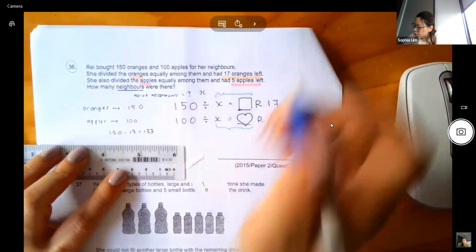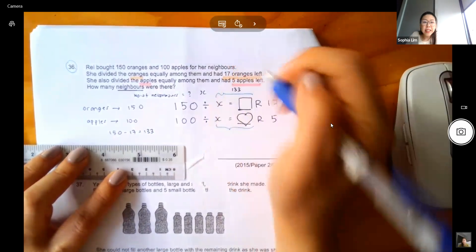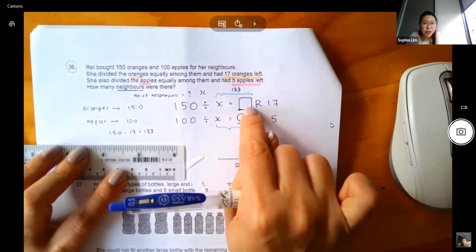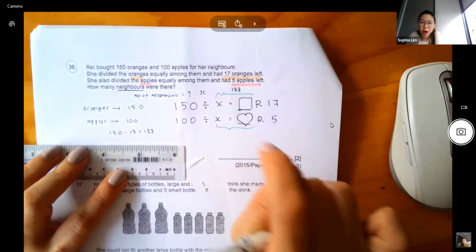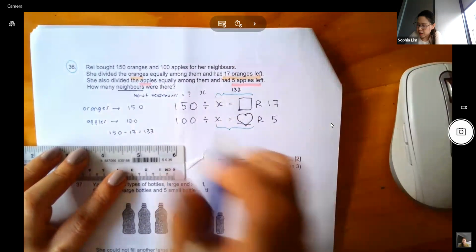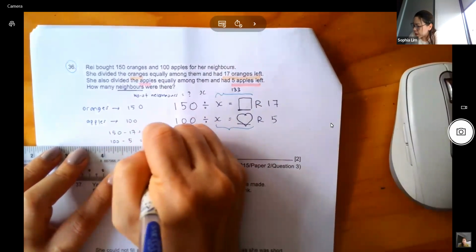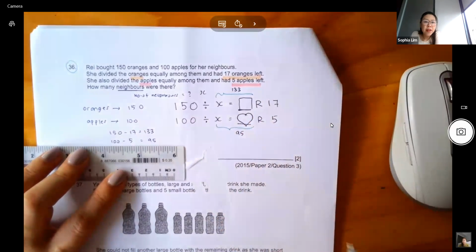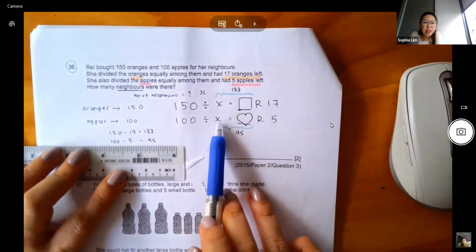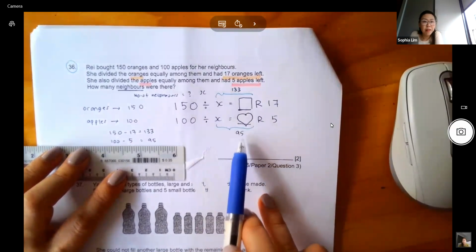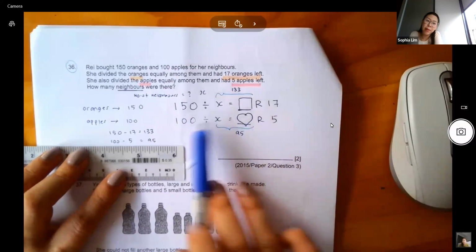That means this 133 is the number of neighbors multiplied by the number of oranges that each neighbor has. Some of you may even do the same for the apples. Then you get 95. Meaning the number of neighbors multiplied by the number of apples given to each neighbor will give you 95. So which 2 numbers, I'm not sure.